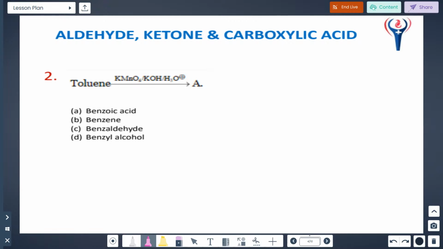Understood? Here are the familiar reactions. I'll write it here: toluene, which is oxidized by alkaline KMnO4 solution.